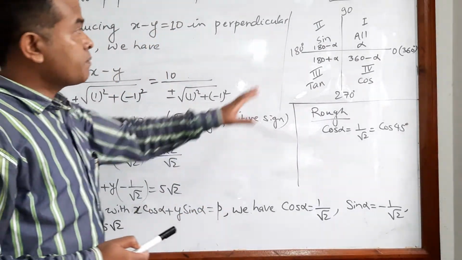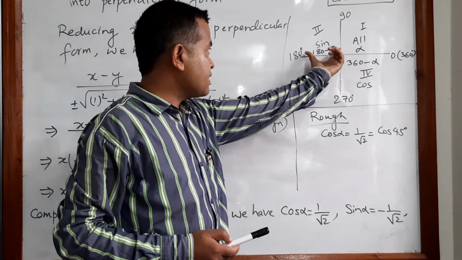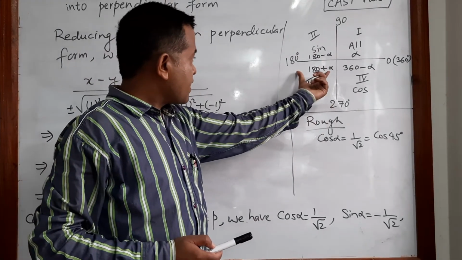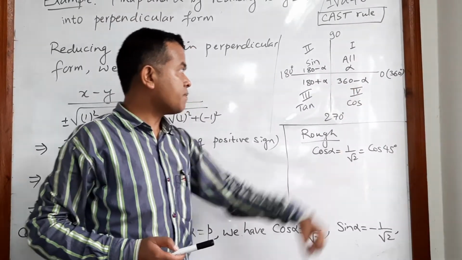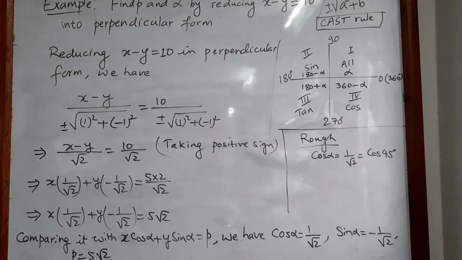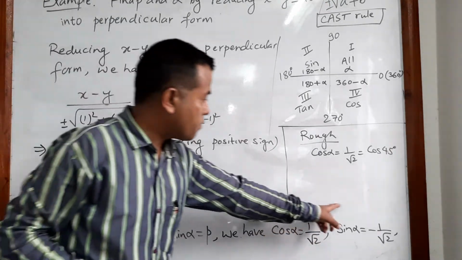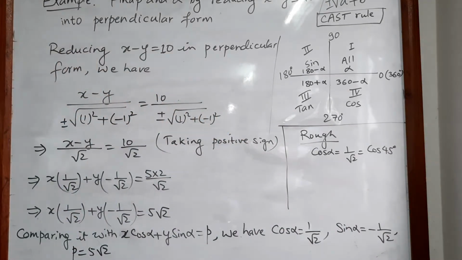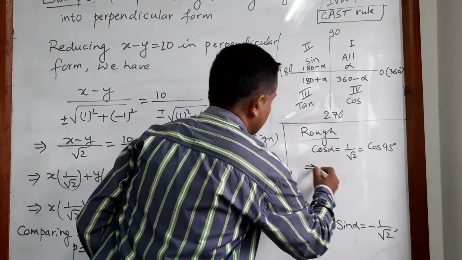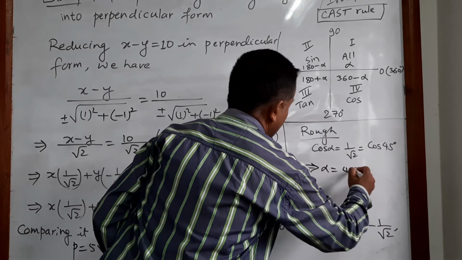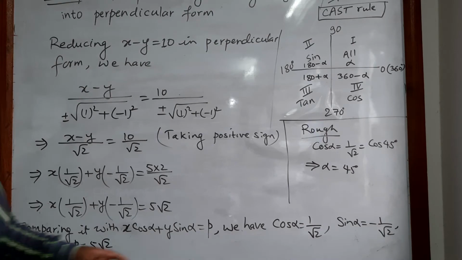If the acute angle is alpha in the first quadrant, the required angle will be 180 minus alpha in the second quadrant, 180 plus alpha in the third quadrant, and 360 minus alpha in the fourth quadrant. And here the value of cos is positive, the value of sin is negative. So we have to search for the suitable quadrant where cos is positive and sin is negative.